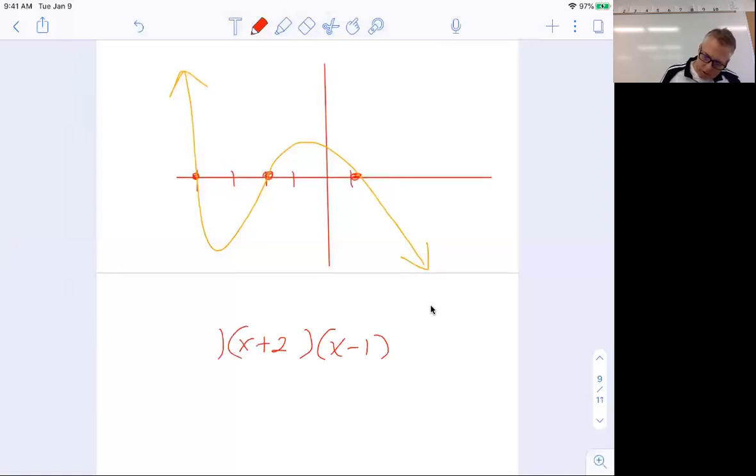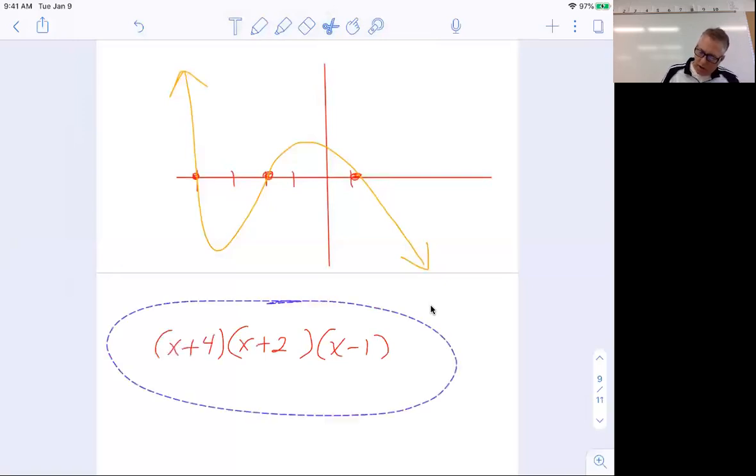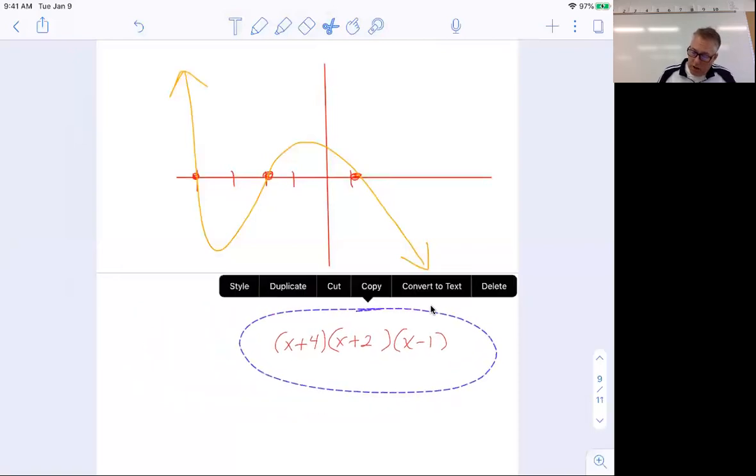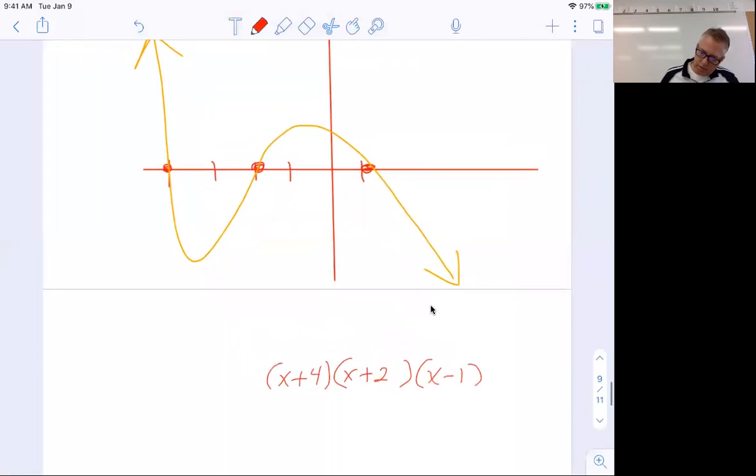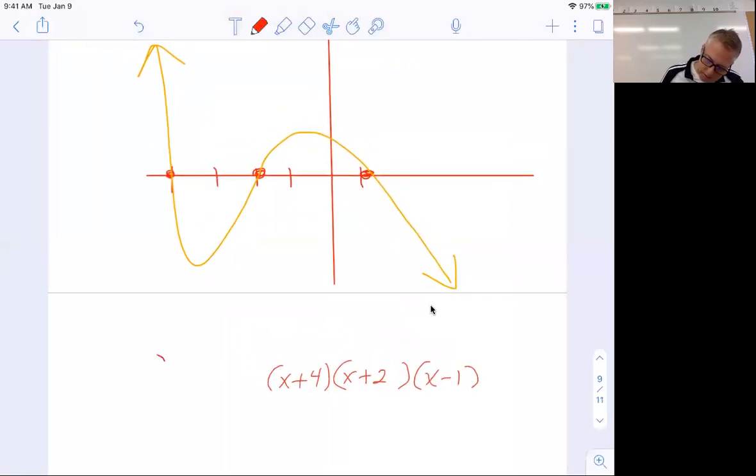And if -4 is a root, that means that x plus 4 is a factor. So the factors are, again, thinking about when you solve them, if -4 is a root, x plus 4 is a factor. So this could almost be this.